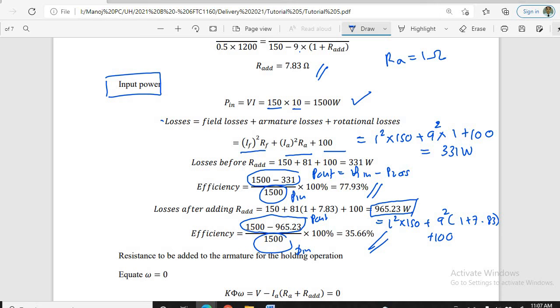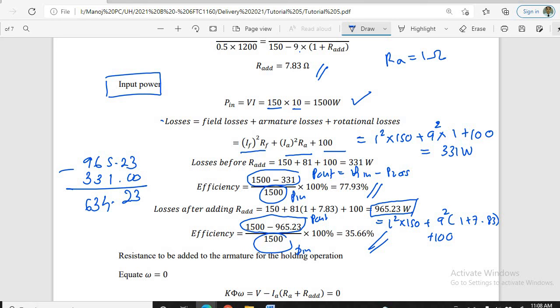You will see now the efficiency has reduced to this value. Previously it was about 78 something, now it is 35 something, right? So that's the thing. The additional losses added because of the added resistance are about 630 watts.